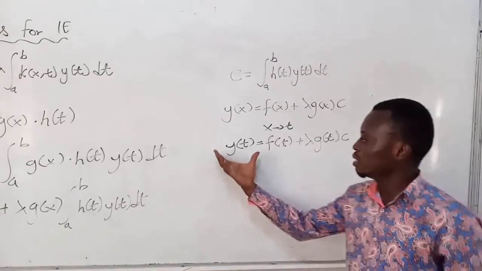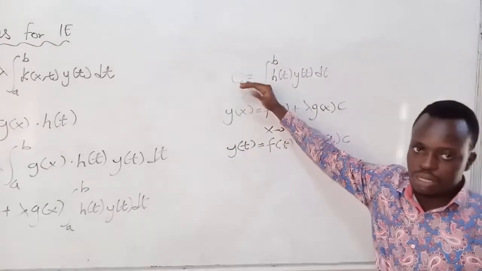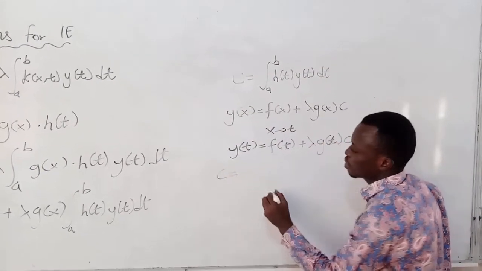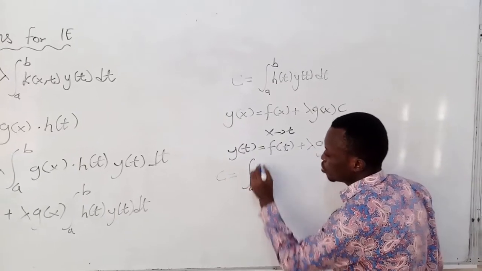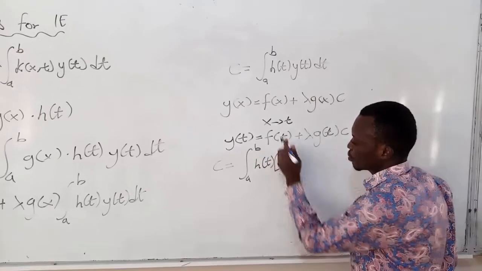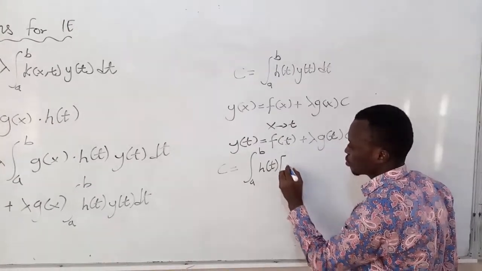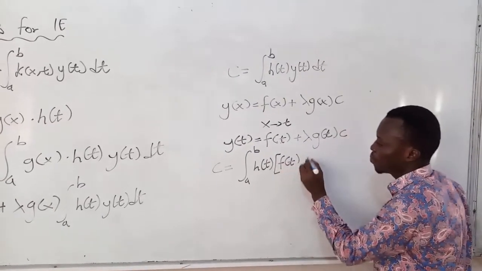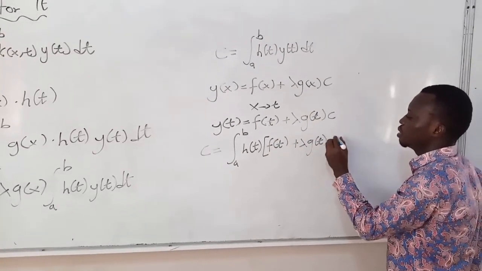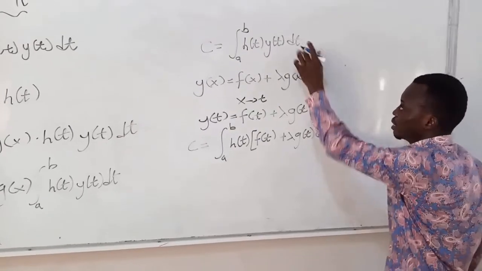Now let's substitute this y of t into this c. Our c becomes integral from a to b h of t into bracket f of t plus lambda g of t c, then dt.